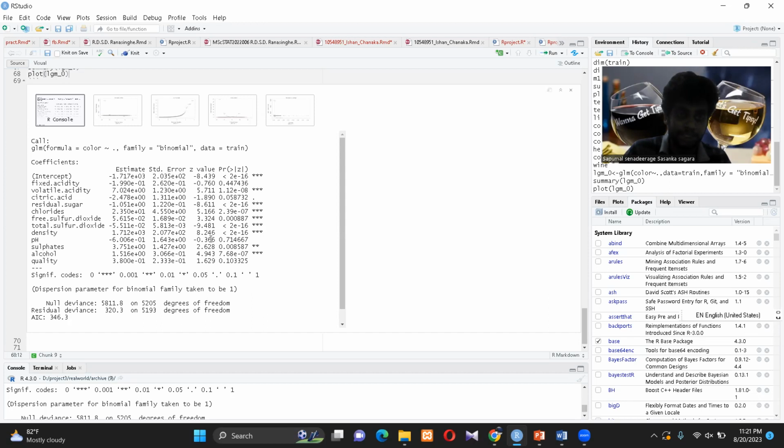These are the corresponding z values, and these are the corresponding probability values for z. With the help of these probability values, we can decide whether these attributes are evidence or not.